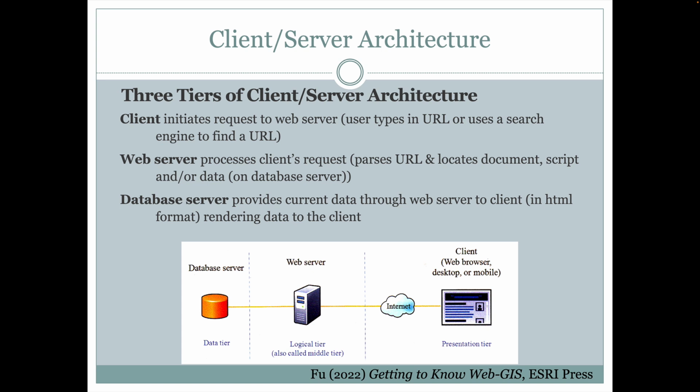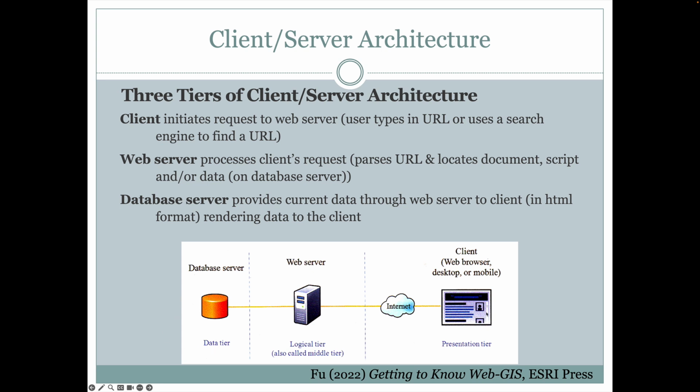When we talk about client-server architecture, we can think of 3 tiers being involved in that. There's the presentation tier here, the logical tier, sometimes called the middle tier in the middle, and the data tier.